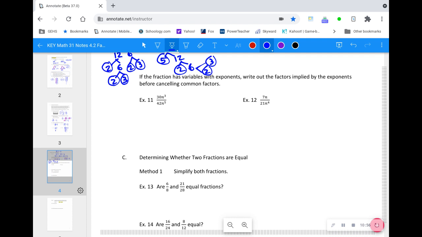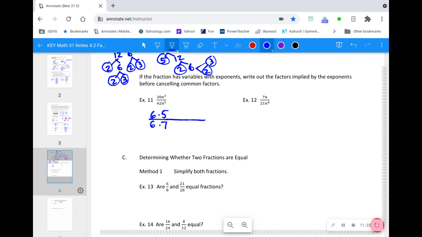Okay, when you have variables, if they're matching on top and matching on the bottom, this next example has n's on both places, then you're just going to write them all out as a multiplication instead of the exponent. So if you do the work for 30, you're going to get, let's see, 30 and 42 both divide by 6. So I'm going to say 6 times, it's not a prime number there, but 6 times 5. And the other one's 6 times 7.